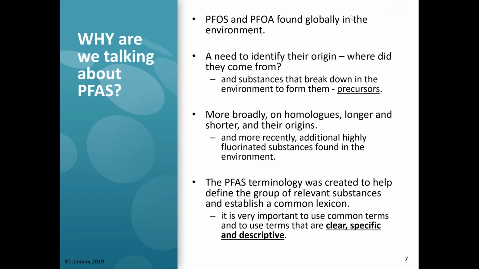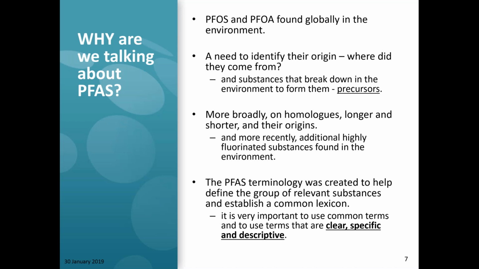As we talk about per- and polyfluoroalkyl substances, as we mentioned in the graphic one slide ago, these are substances that include a whole host of things, ranging in very different physical, chemical, environmental, and biological properties.